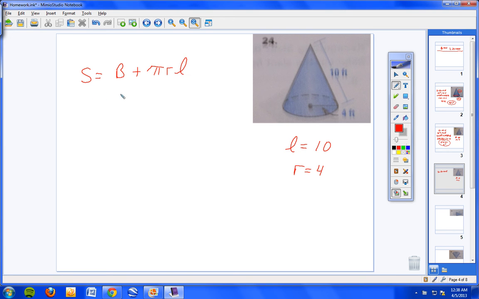So pi RL, there we go. So area of base would be pi r squared plus pi RL.